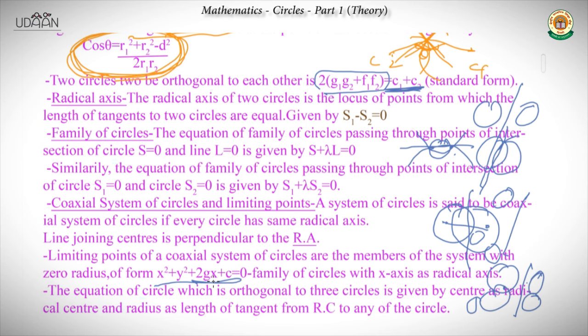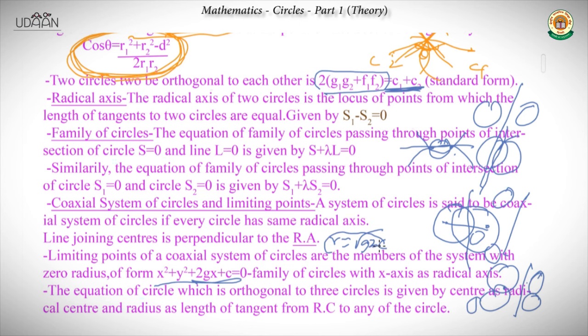The family of circles is given by this form, and zero radius corresponds to the limiting points. The radius is given by the root of g square plus f square minus c. Substituting here, we get r equals root of g square minus c. So for the circles to exist, g square should be greater than c.